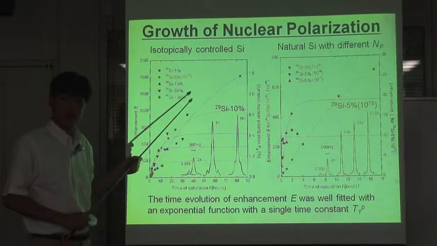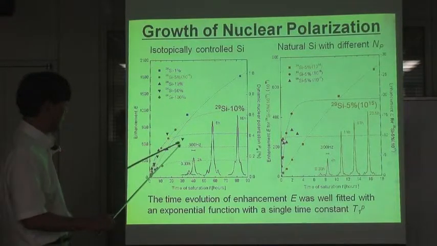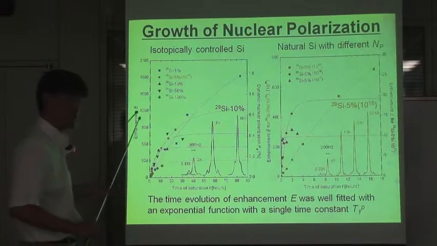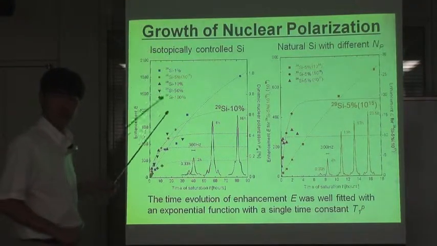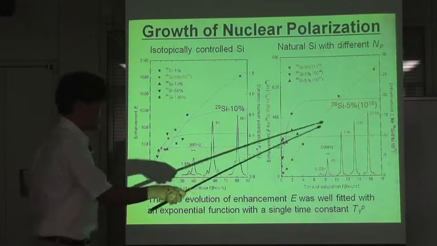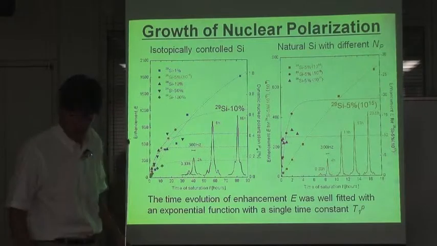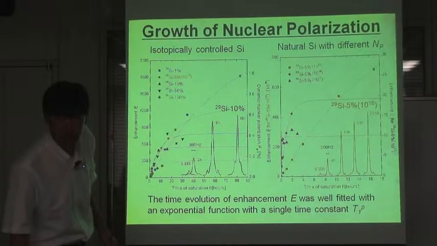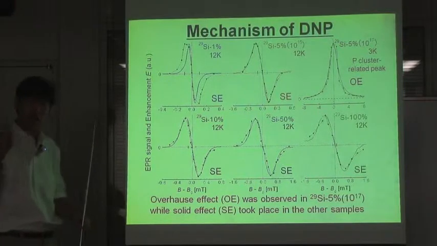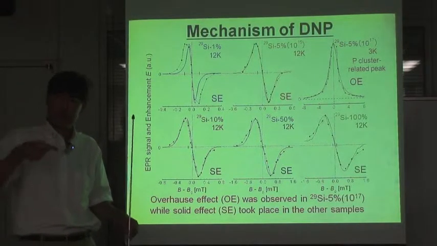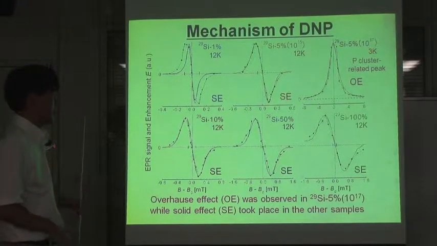So this is a lot of time that he spent in the lab. And he can measure how 29 silicon orientation grows as a function of time. Okay? This growth is known as T1, the relaxation time for nuclear spins. So he can actually get an idea of how 29 silicon dynamically behaves as a function of the electron excitation.